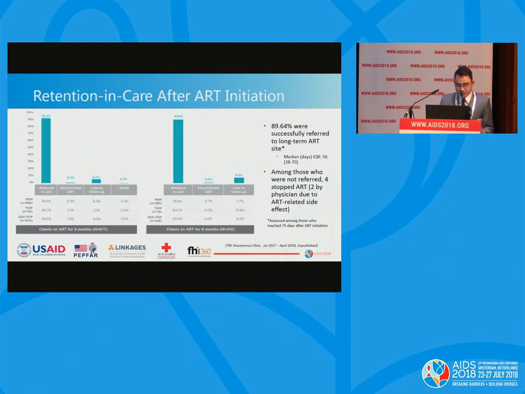After ART initiation, we were able to refer 89.64% of the clients to a long-term ART site with a median time of referral at 56 days. This was assessed among those who have reached 75 days after ART initiation. Among those who were not successfully referred, 4 stopped ART, and 2 of whom were stopped by a doctor due to ART-related illnesses.